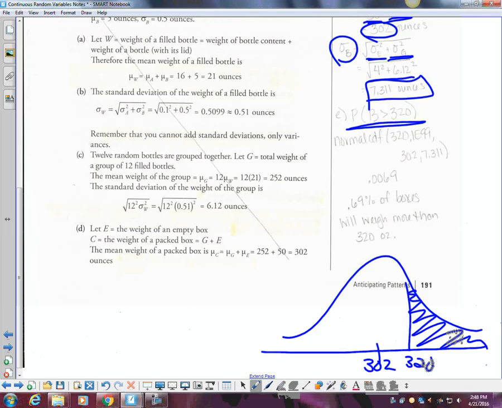So I'm going to normal CDF from 320 to infinity with my mean and my standard deviation that I found before, and I got 0.0069. Which means, and here's my nice little sentence, 0.69% of the boxes will weigh more than 320 ounces.